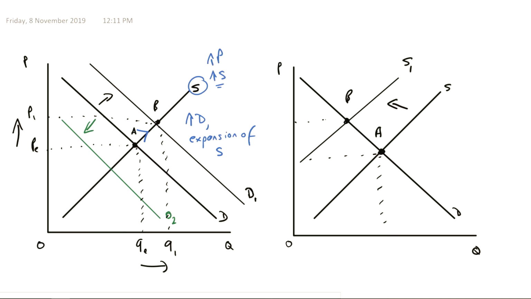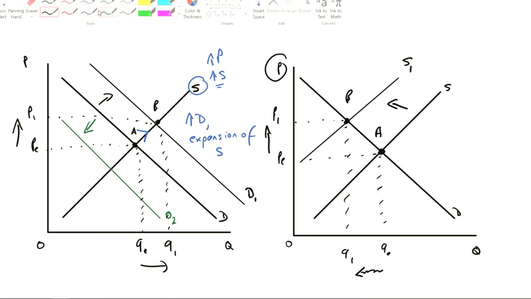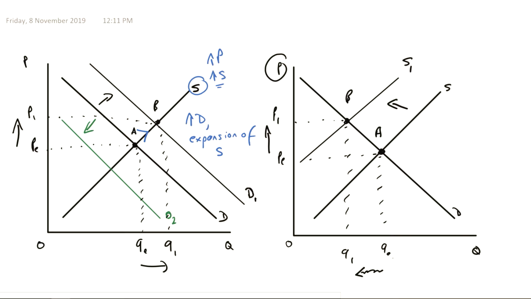So now at S1, we have a new equilibrium, which is point B. No longer A, we're now at B. So when we decrease supply, when there's less of something in a market, can you see that the price goes up as the amount in the market reduces? That supply reduces from QE to Q1.